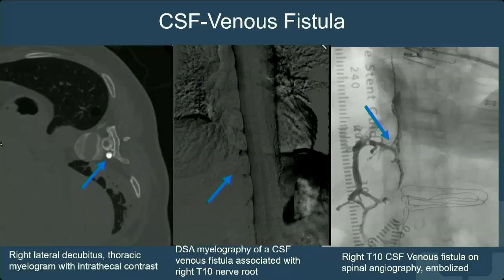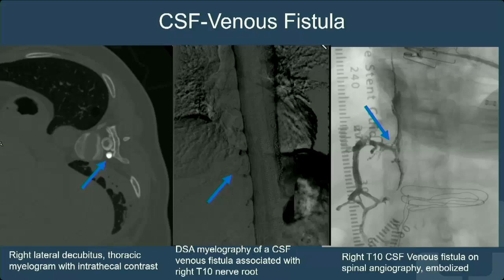So the reason why I'm bringing this up is because I wanted to show this case that was interesting. This patient had that severe intracranial hypotension. And on the CT myelogram, we can see he had multiple nerve sheath cysts, like Tarlov cysts. So he had intrathecal contrast on the myelogram accumulating in these Tarlov cysts.